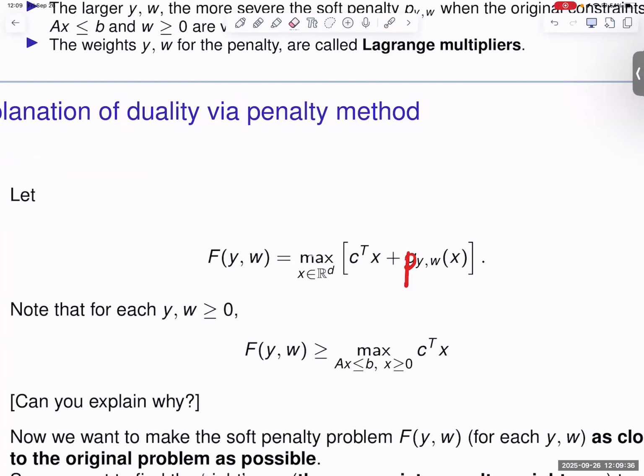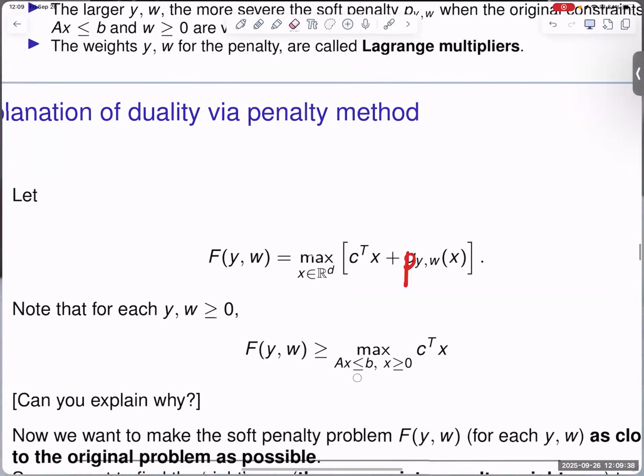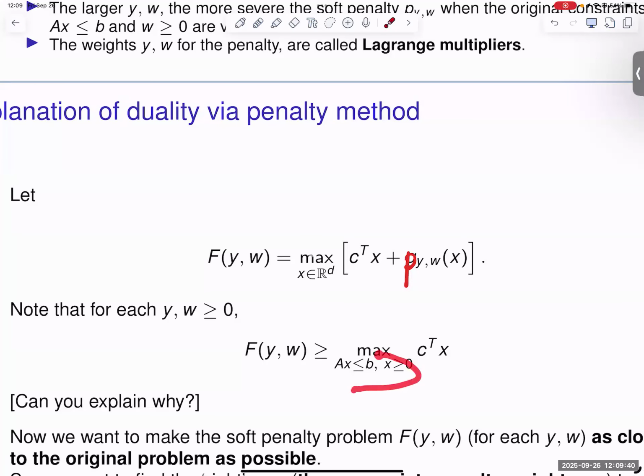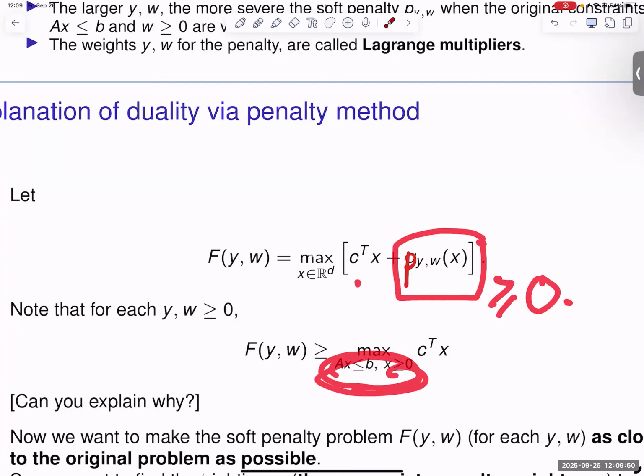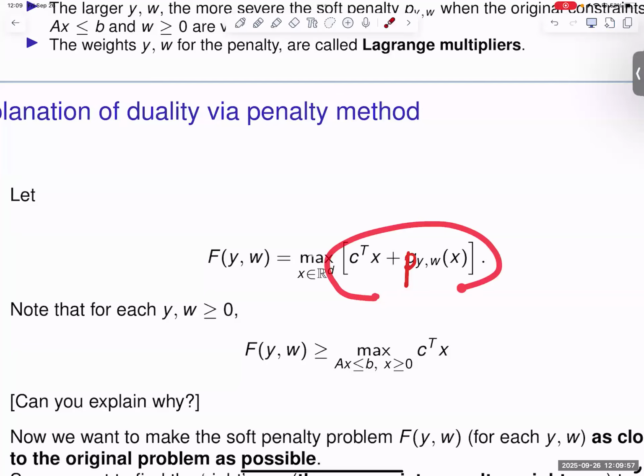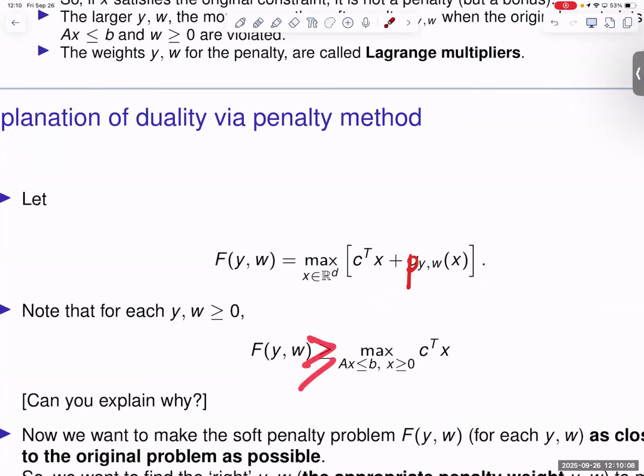That's exactly what I wanted to say. If your x is satisfying this constraint, then the penalty term is not even a penalty, it's a bonus. So the objective value is even bigger than or equal to this value. So if you satisfy, then the maximum value will be bigger than or equal to this maximum value, right? Am I making sense? So that's why you have this.